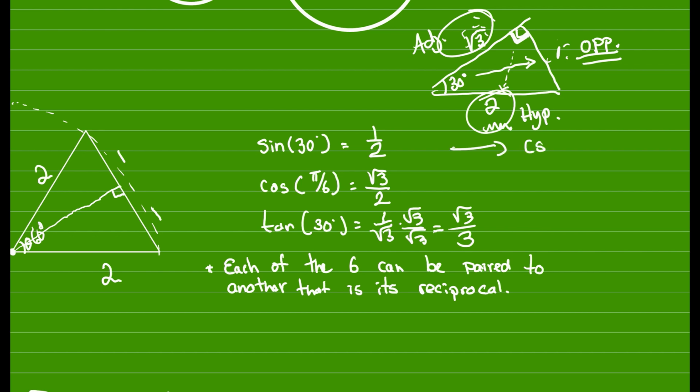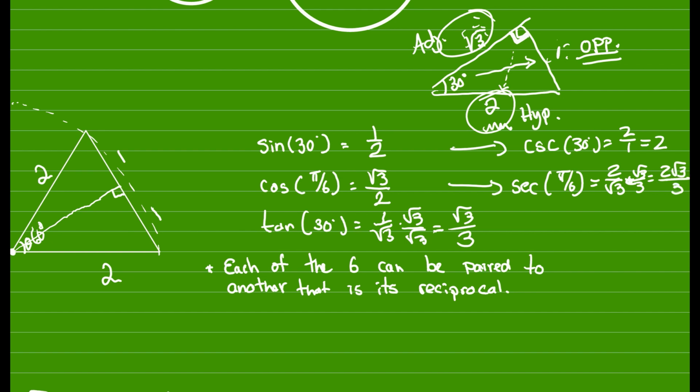So cosecant of 30 degrees is equal to 2 over 1, which is just 2. Then we have secant of pi over 6. This is equal to hypotenuse over adjacent, which is 2 over root 3. By rationalizing, we multiply by root 3, multiply by root 3, and this is equal to 2 root 3 over 3. That one does not simplify.